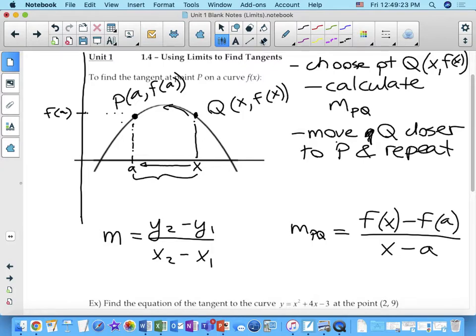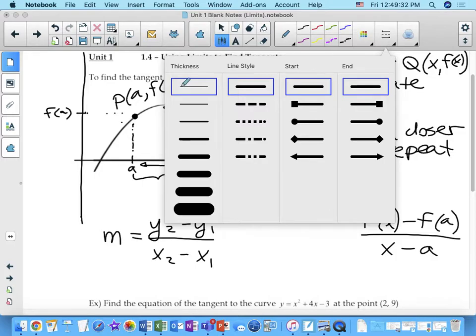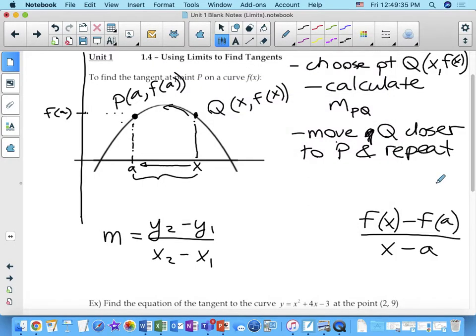And I'm going to erase this so I don't have to write it out again, you don't have to erase the whole thing, and write this instead as the slope of the tangent line is equal to the limit as x approaches a of this.